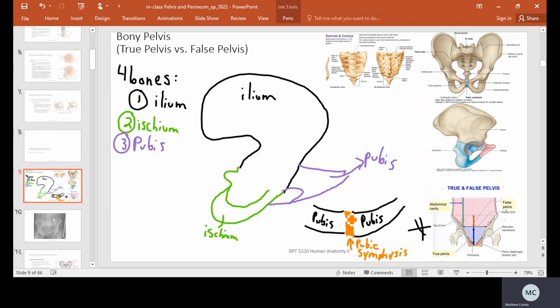The force from the ground shoved one side of the os coxae, one side of the pelvis, superiorly and posteriorly. The other side stayed where it's supposed to stay. Number one, super duper painful. Number two, really easy to fix.